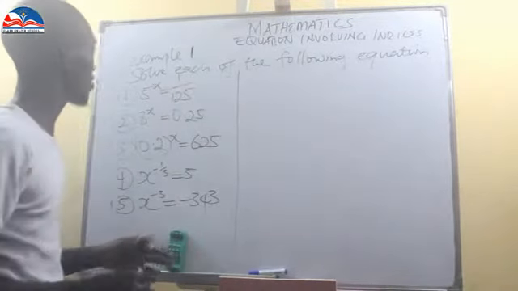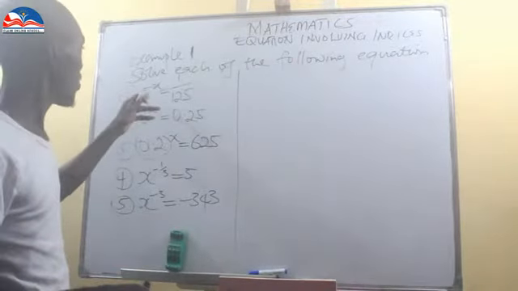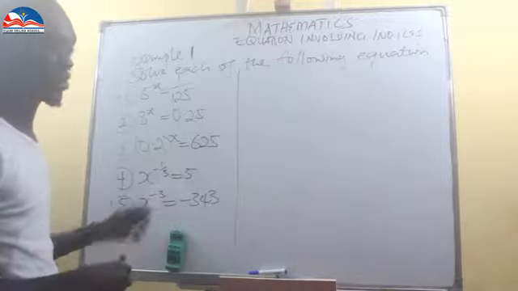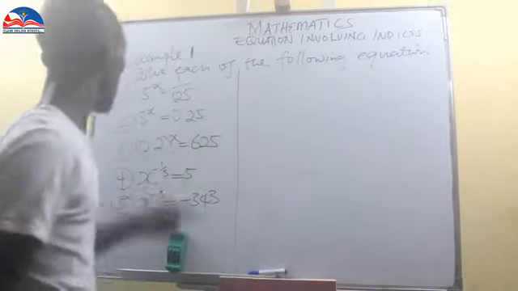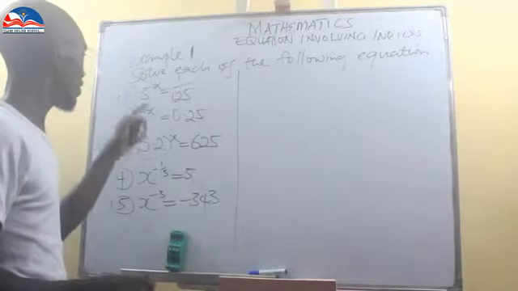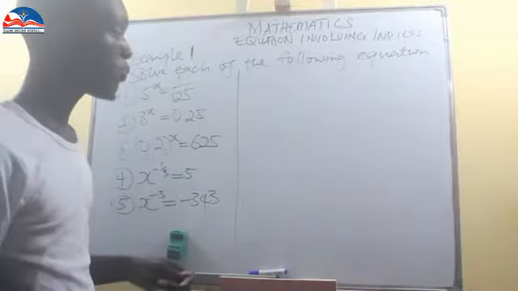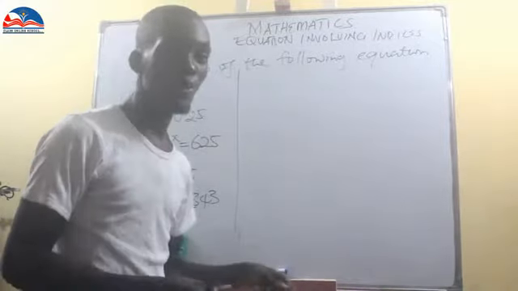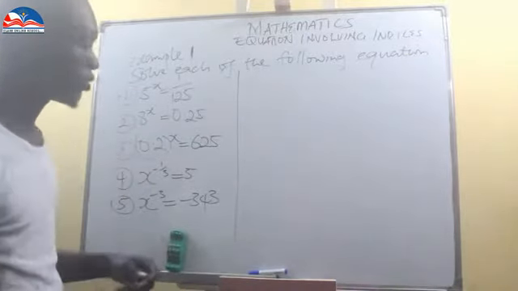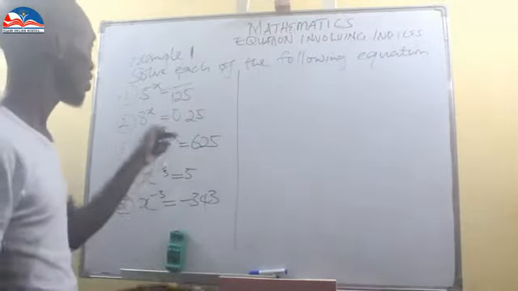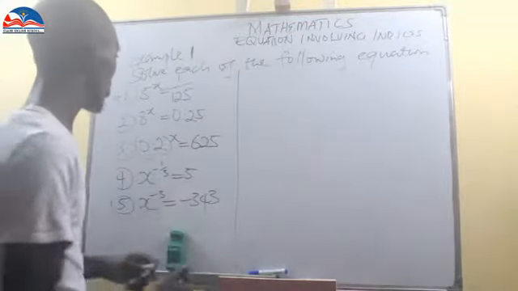Equation involving indices. Solve each of the following equations. 1: 5 index x is equal to 1 over 125. 2: 8 index x is equal to 0.25. 3: (0.2) all brackets index x is equal to 625.